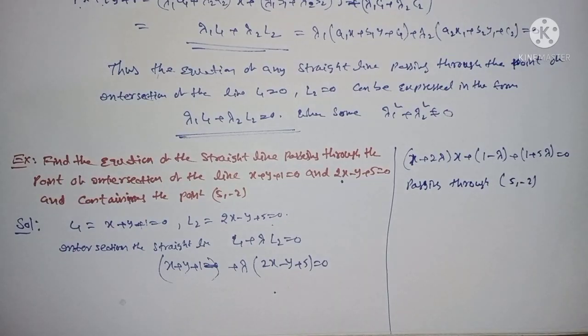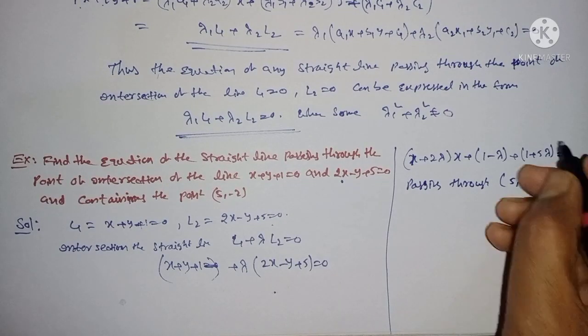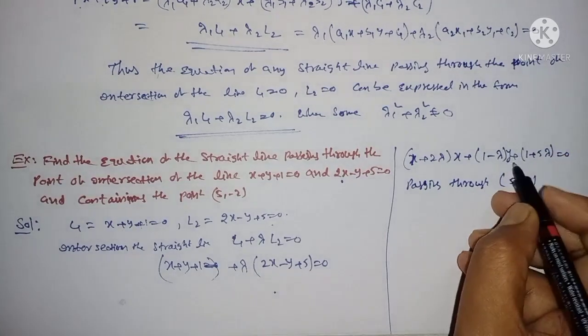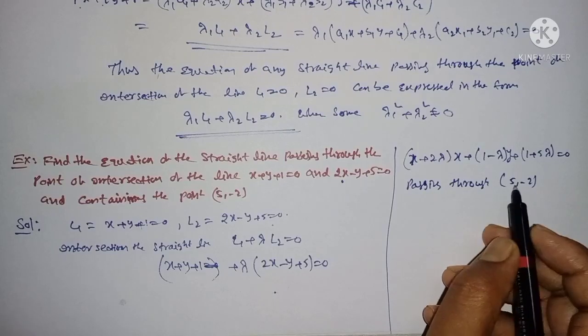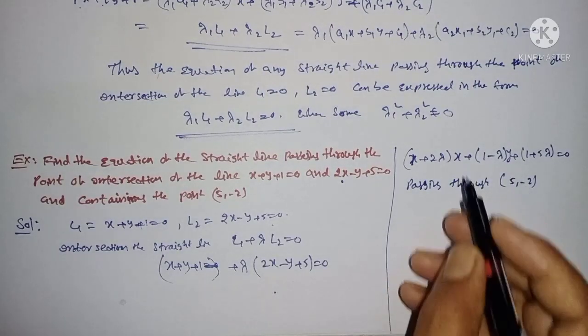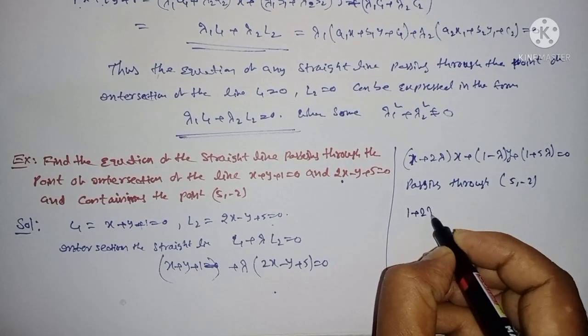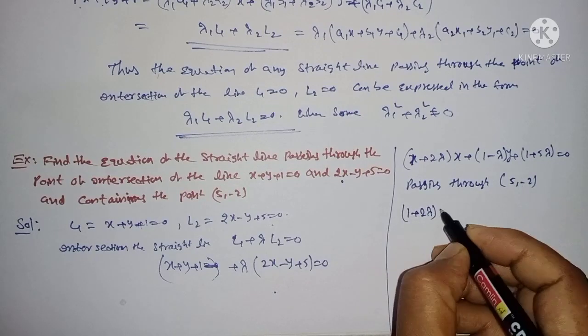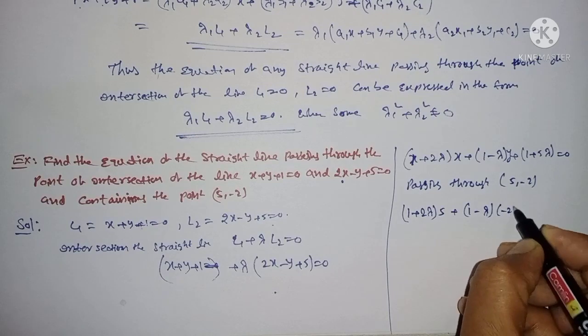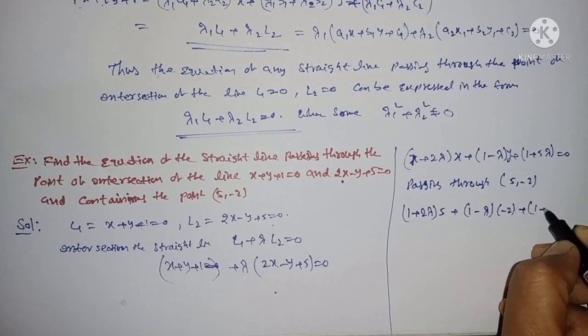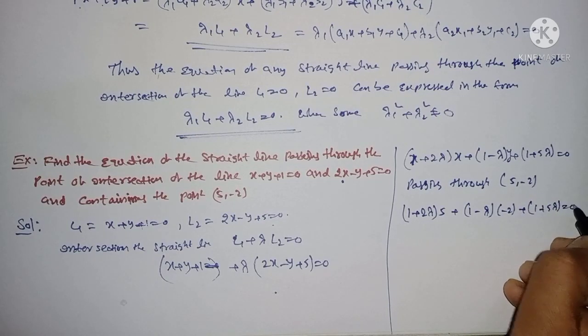You can substitute here x comma y values, here y is 1 minus lambda into y plus 1 plus lambda is a constant only. Passing through the point 5 comma minus 2, substitute here x value 1 plus 2 lambda of x is nothing but 5, 1 minus lambda into minus 2 plus 1 plus 5 lambda is equal to 0.